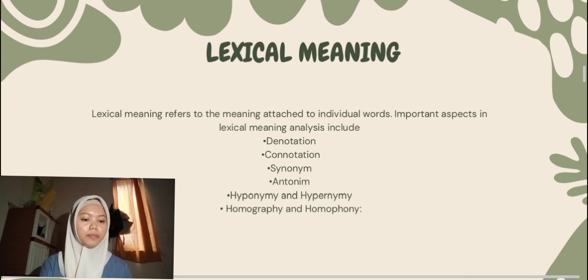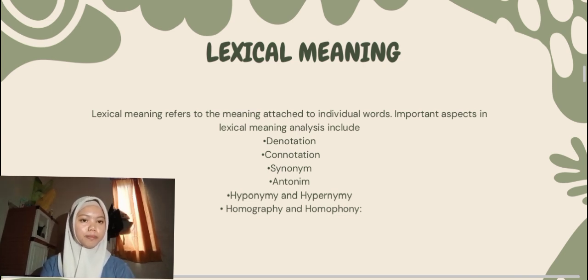For example, the denotation of table is a piece of furniture with a flat top and one or more legs. And the next, connotation: additional or implied meaning associated with a word, influenced by cultural, emotional, and social context. For example, home can connote security and family.